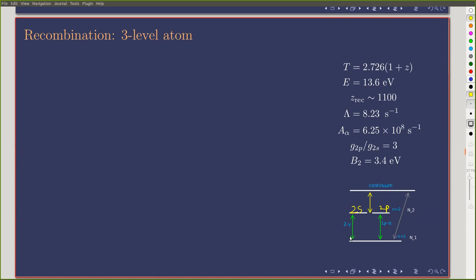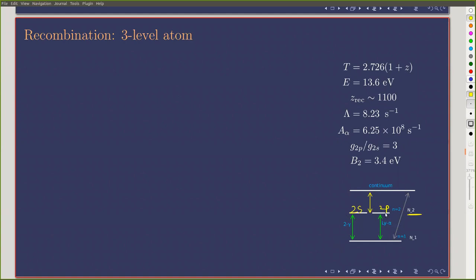So in this case, basically we will be using something called a 3-level atom approximation. And this is the approximate atom that we have. There is a continuum, and this is the first excited state, and we will count both of them together, and their number density will be counted as the summation of both of them. And then there is the ground state.